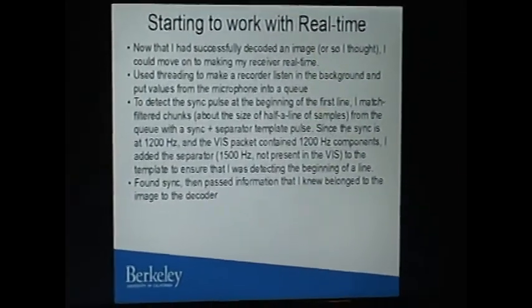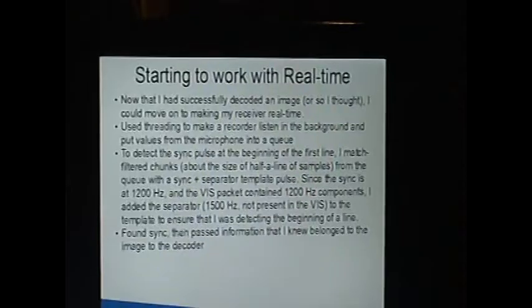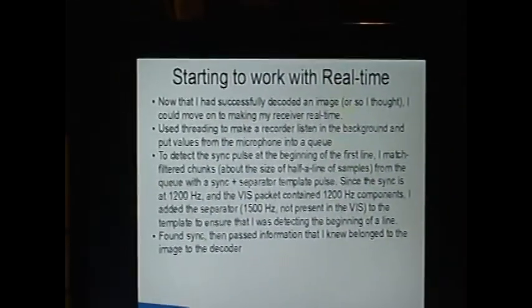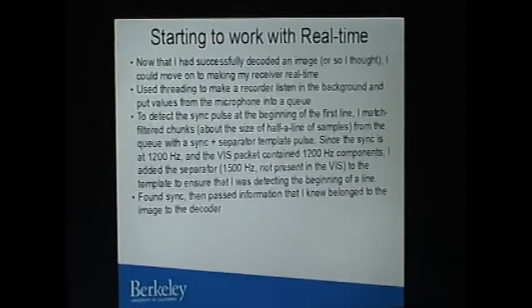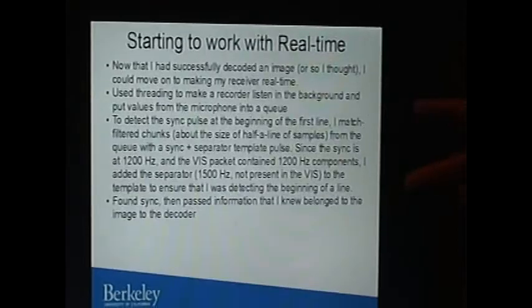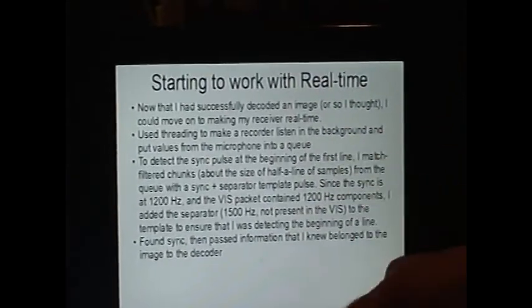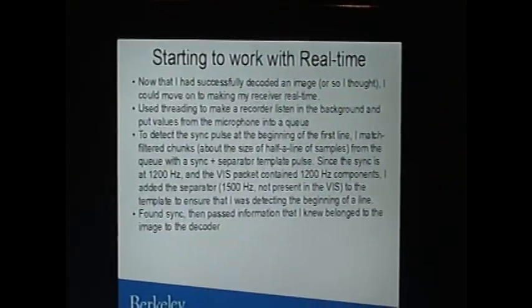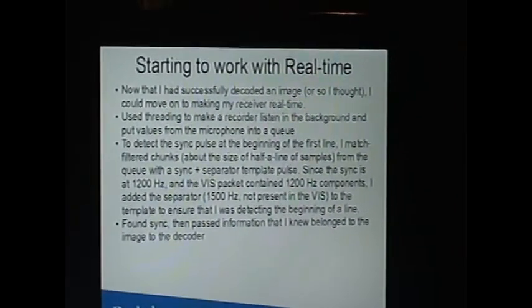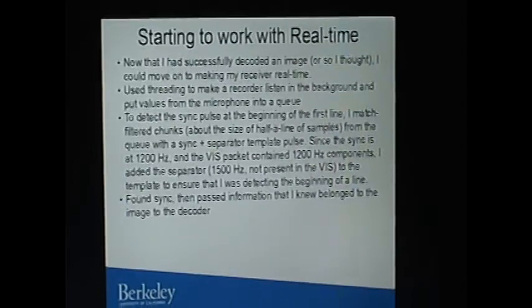So first, I wanted to detect the sync pulse at the beginning of the first line. And so I used matched filtering. In matched filtering, you create a template pulse of whatever you're looking for. In this case, I actually had to use sync plus separator, because the sync is 1200 hertz and the BIS packet contains 1200 hertz components, but it does not contain 1500 hertz, which is the separator frequency.